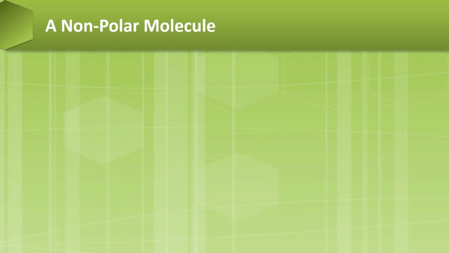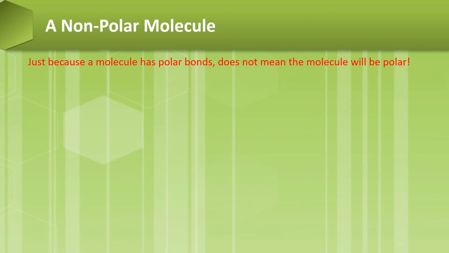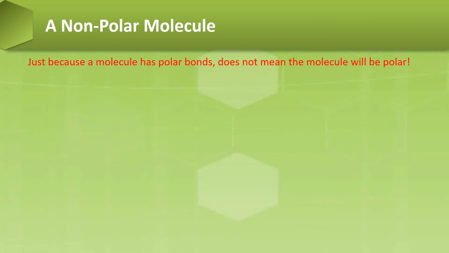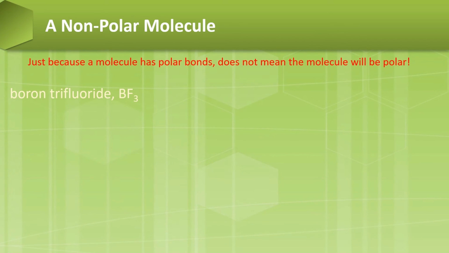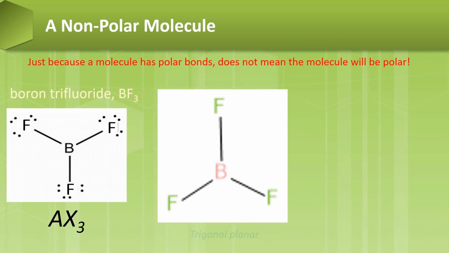Now let me state right now, just because a molecule has polar bonds does not mean the molecule overall will be polar. The example we'll consider this time is the molecule boron trifluoride, BF3. If we remember, boron tends to give us structures that don't follow the regular Lewis rules. Now, the electron structure of this molecule leads us to an AXE representation of AX3, and the geometry will be trigonal planar.